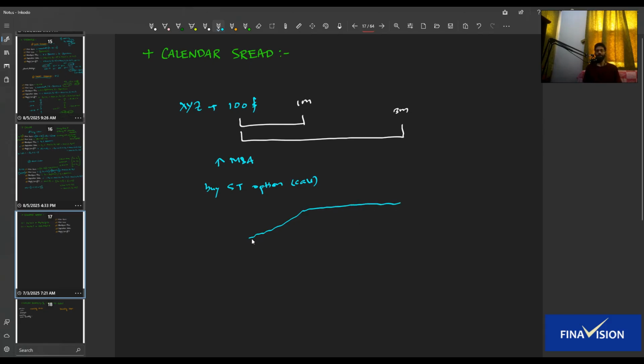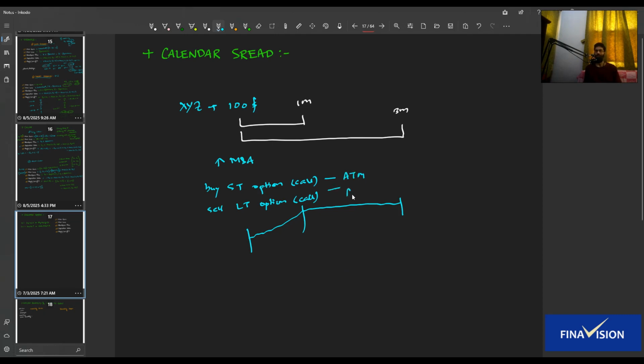So what the investor does is, to reduce the net premium cost of this 1 month option, the investor sells an option which is 3 months to expiry. So this is selling the long term option, or the 3 month option. Here in this case, because we are speculating a price rise, both are call options, and both once again are ATM options.